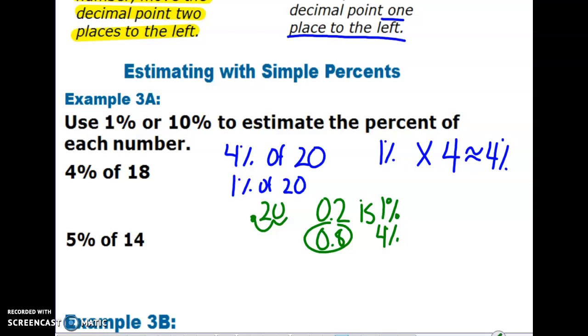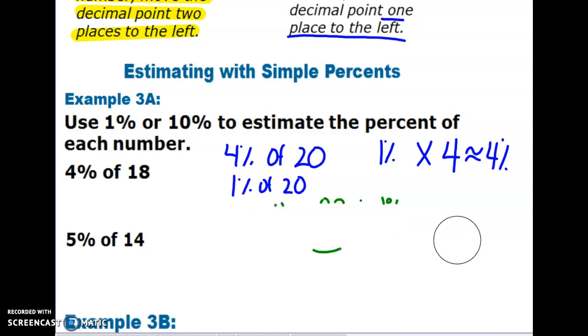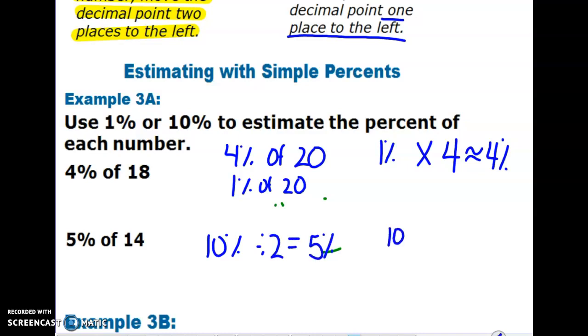Okay, the next one, 5% of 14. Once again, I could think to find 5%, that's the same as finding 10%, and then dividing it by 2 is going to give us 5%. So if I wanted to first figure out what 10% of 14 is, the trick to find 10% of something is you move the decimal point 1 place to the left. So 10% of 14 would be 1.4.